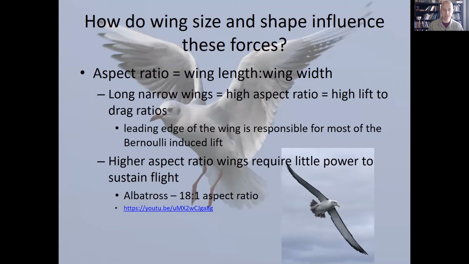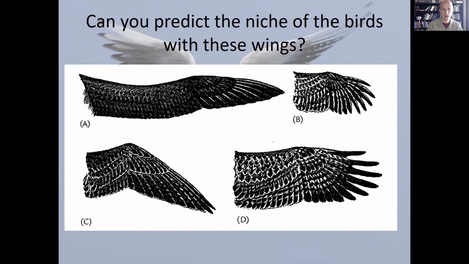But it also means that they are not going to be very maneuverable. While they can sort of soar and bank, they don't live in an environment where they're going to have to make tight turns. So with those ideas, we can then look at these different styles of wings and predict what the lifestyle or the niche of the bird with these wings is like.